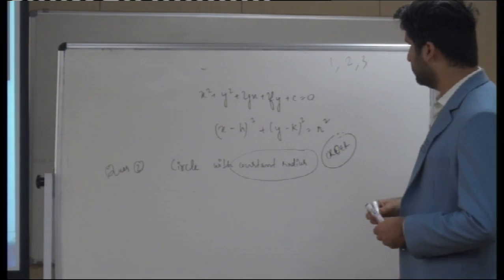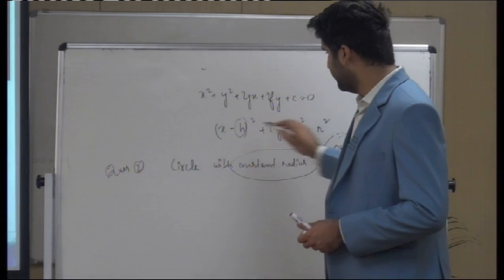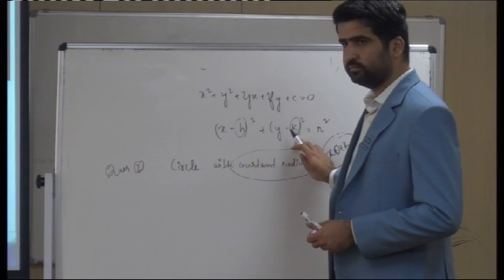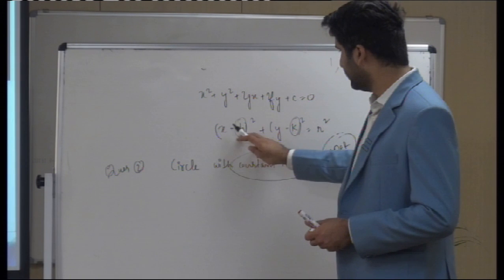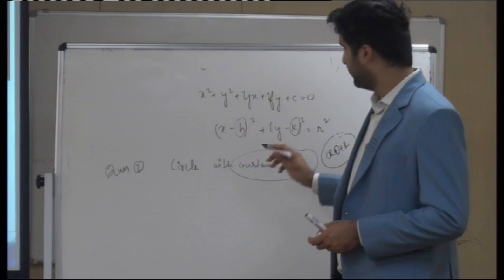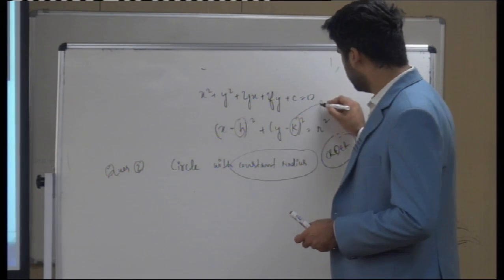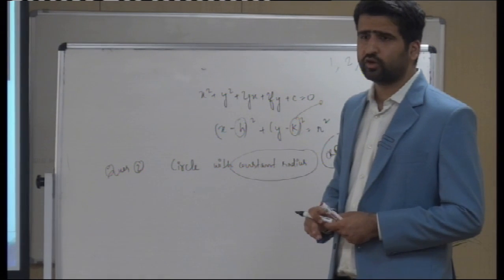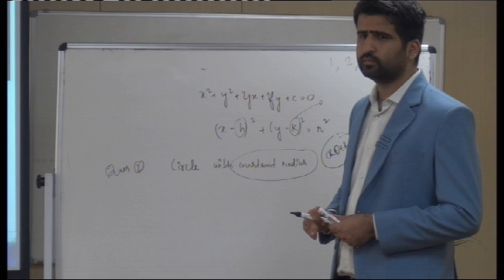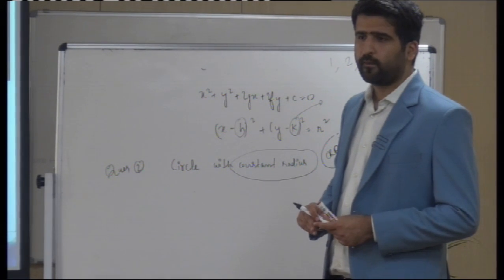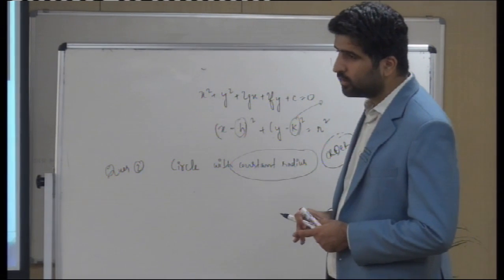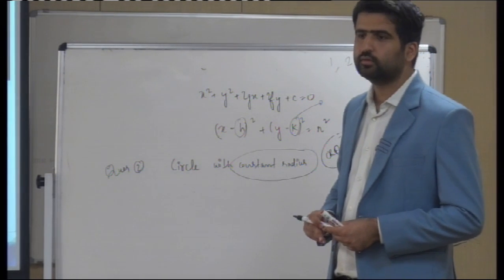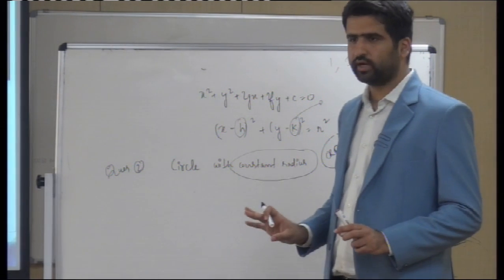Now see, we have two constants over here, h and k. You know the parametric form for the circle. What are the parametric coordinates? R cos theta, R sin theta. You all know that, right?